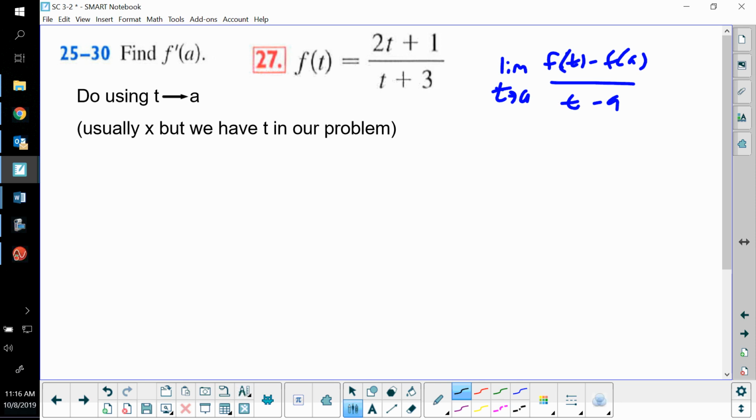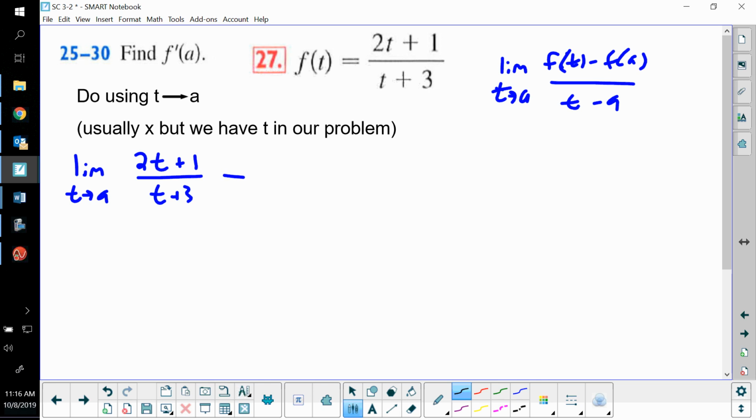So we'll start out with limit as t approaches a of f of t. That means everywhere there's a t, leave it as a t. Or you can think of it as f of t is just our original function. So we'll start out and just write our original function minus f of a.